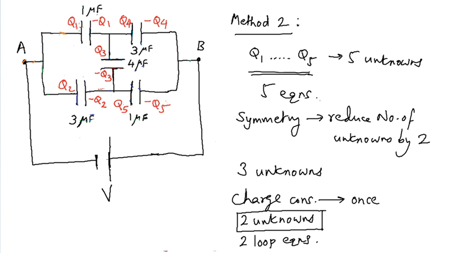But before starting, please note that the charges Q1 minus Q1, Q4 minus Q4 and so on, which we have written in red, are the charges in the original circuit, that is before the battery was reversed. Hence we are going to write the charges in the new circuit, that is after battery reversal. We are going to write those charges in blue.